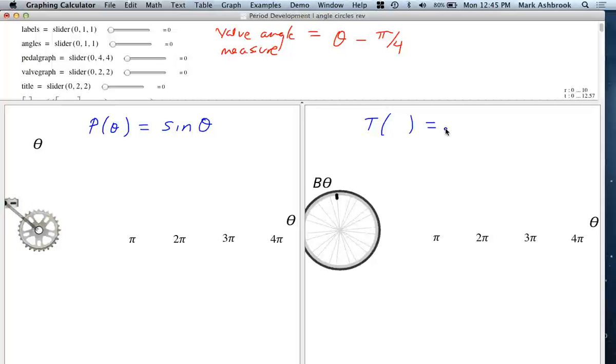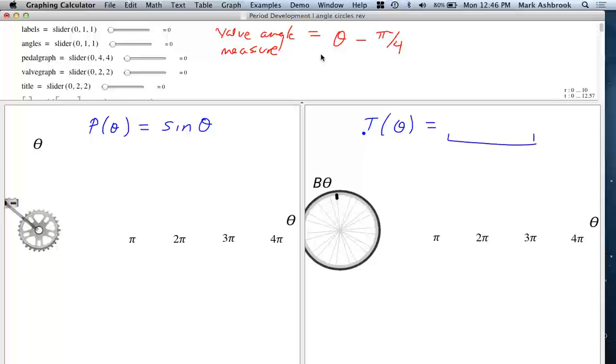T is the output's vertical distance above the horizontal diameter of the tire valve in terms of the pedal angle theta. So can you write an expression for T of theta? That's question E on 286.